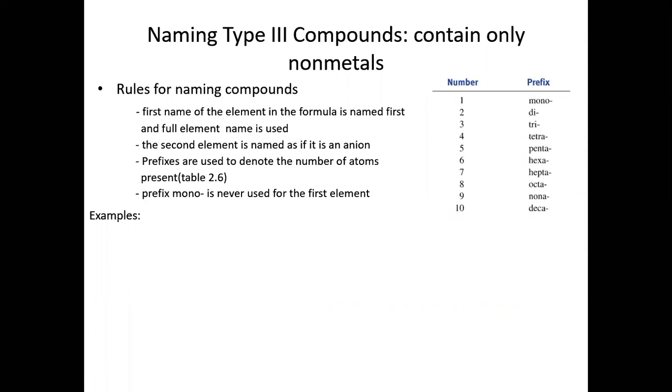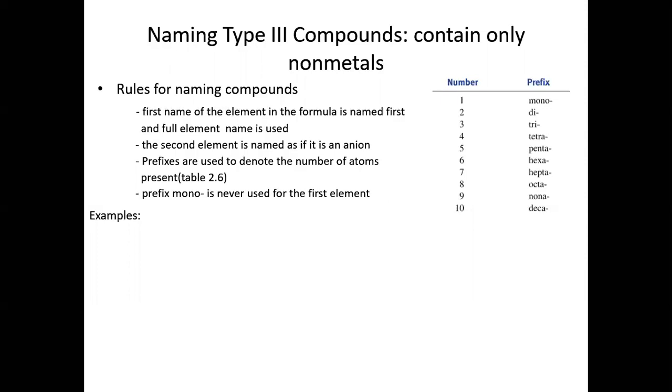The first element in the formula is just the name of the element. So whatever element is listed first, that's just the name of the element. The second element in the formula is named as if it is an anion. So you have 2 elements in a covalent compound, at least in the binary covalent compounds. The first element is just the name of the element. The second element is the name of the anion.